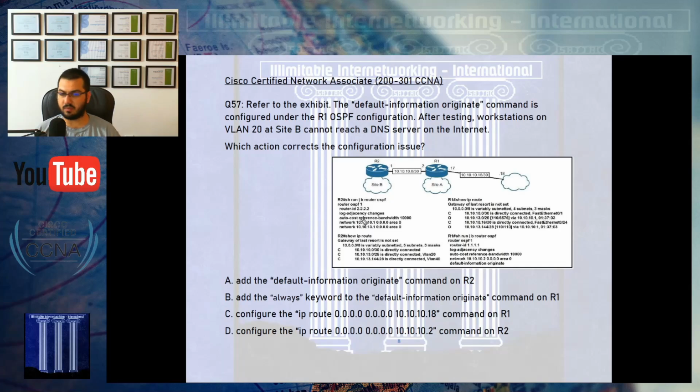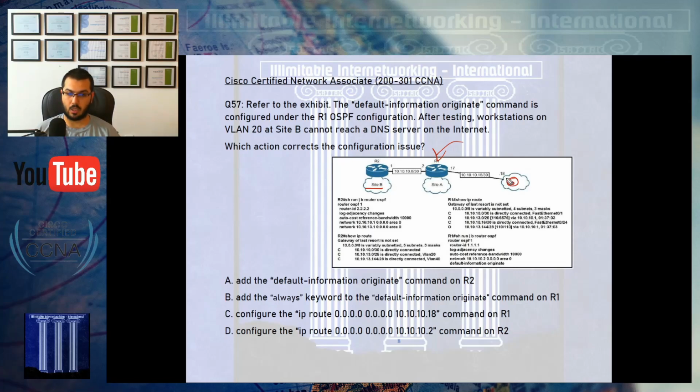Okay, question 57 says to refer to this exhibit. The default information originate command is configured on R1. This is the R1 OSPF config. After testing, workstations on VLAN 20 at site B, which you can consider as computers, cannot reach the DNS server on the internet.